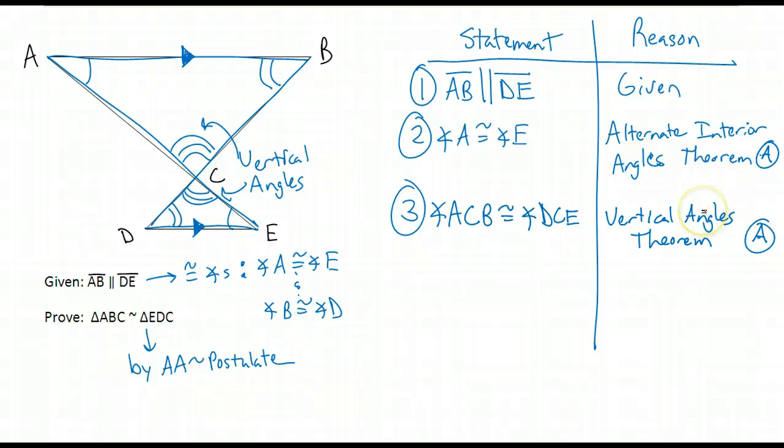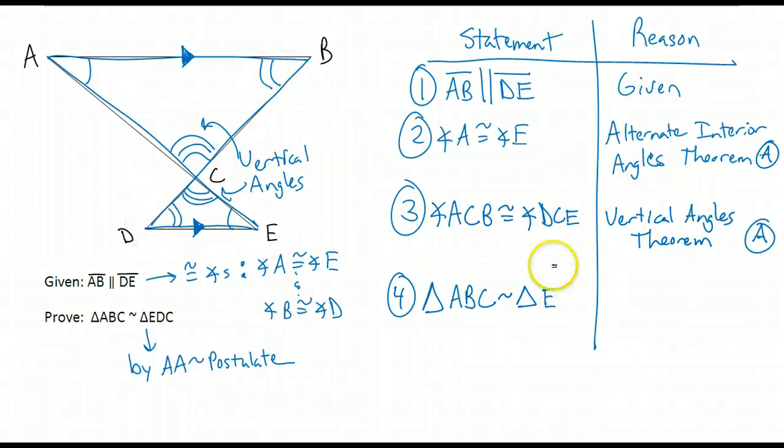So I have a pair of congruent angles, and I have a second pair of congruent angles. That's enough to prove that my triangles are similar. Now I need to make sure that I name my triangles in the correct order. Triangle ABC is similar to triangle... A corresponds with E, because they're alternate interior angles.